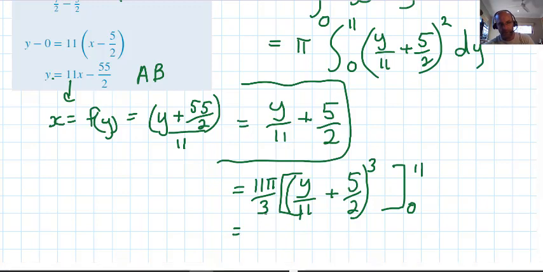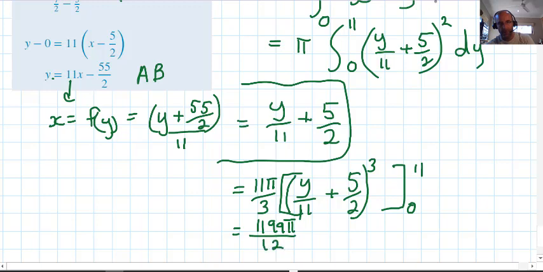We get 1199 pi on 12. If you want a practical answer, that's approximately equal to 314. The units given were centimeters, so centimeters cubed, which is equivalent to 314 milliliters for that glass, which seems pretty reasonable.